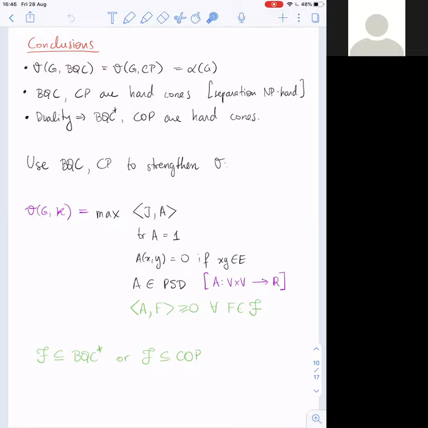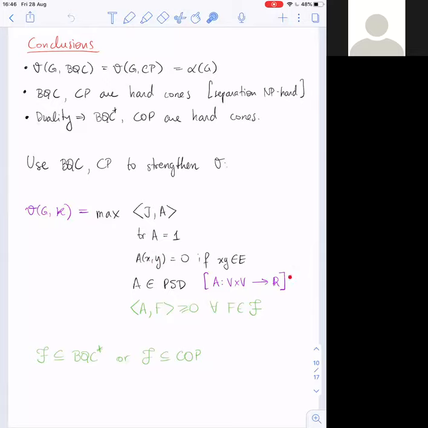But the story doesn't end here, because even though these things are NP hard, you can try to find nice matrices that are going to give you constraints that you can use to improve your Lovász theta number. You can write the Lovász theta number problem with a positive semi-definite matrix, zeros in the right places, and trace equal to 1.